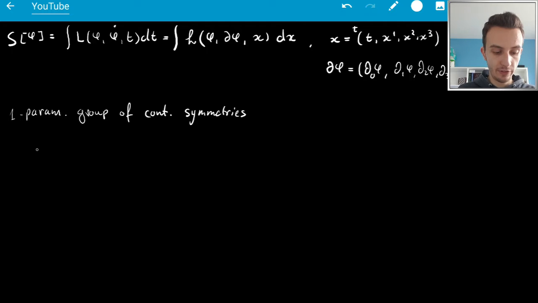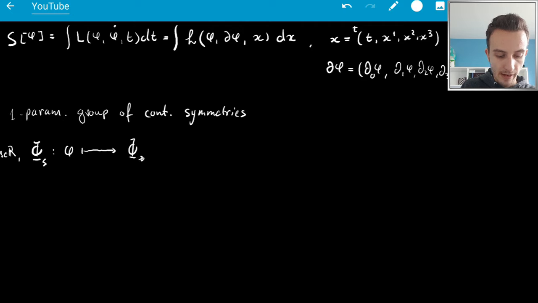So if we have this field phi, I'm going to write uppercase phi, depending on this variable s in R. So for all s in R, I define this phi of s, which will take our field, and it will be a function of the field, and it will depend on s continuously.